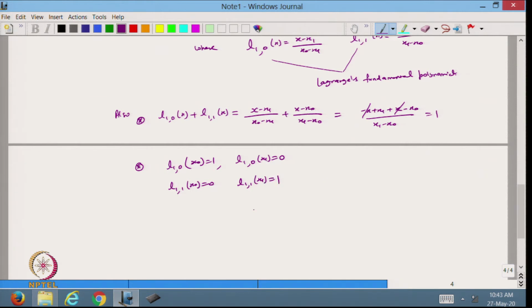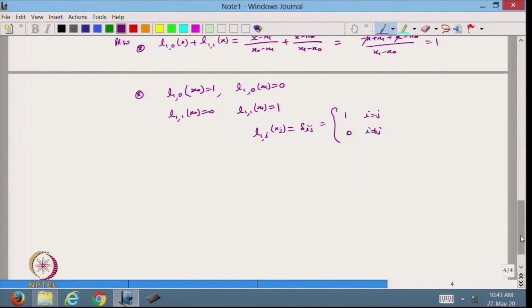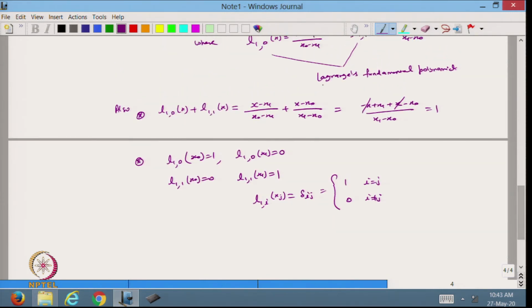So, from here I can write that any Li, talking about the linear only, Li(xj) is equal to delta ij. That is equal to 1 when i is equal to j and 0 when i is not equal to j. So, that is the expression for the Lagrange fundamental polynomials. These are the properties we have to keep in mind for the Lagrangian fundamental polynomials.